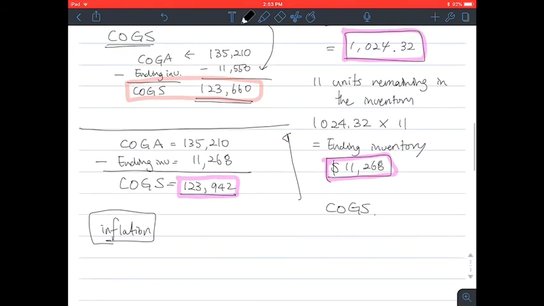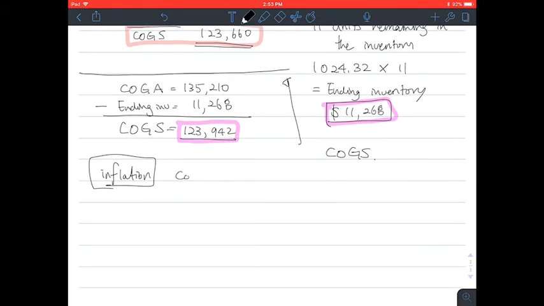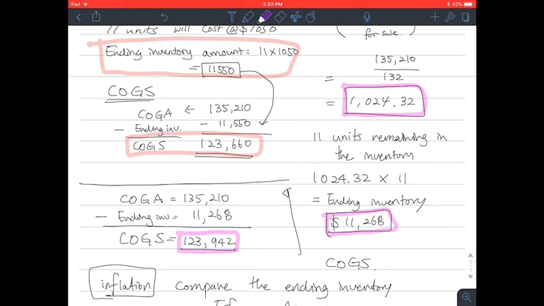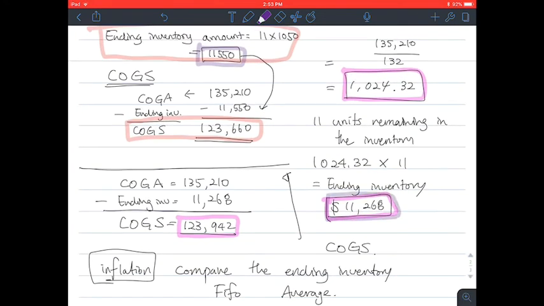All right, then we can compare the ending inventory of FIFO and average method. Which is bigger? Ending inventory using FIFO was $11,550, but ending inventory using the average method was $11,268.